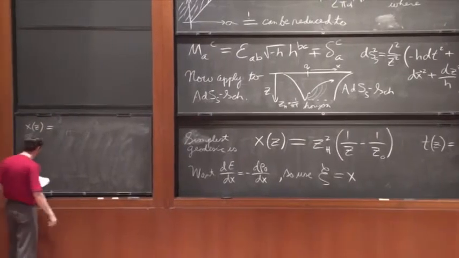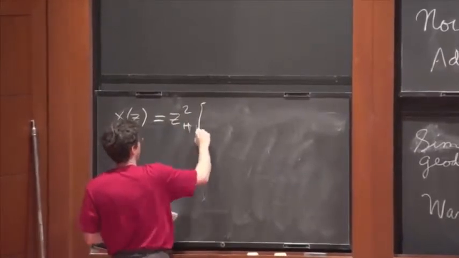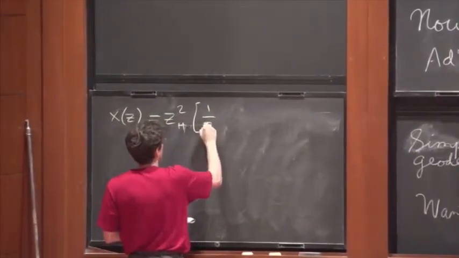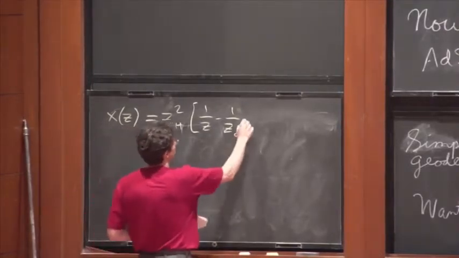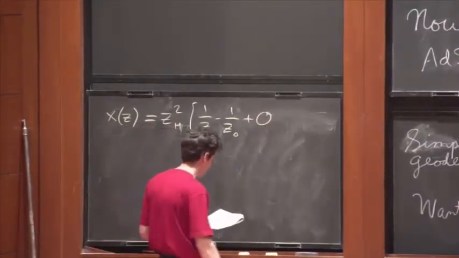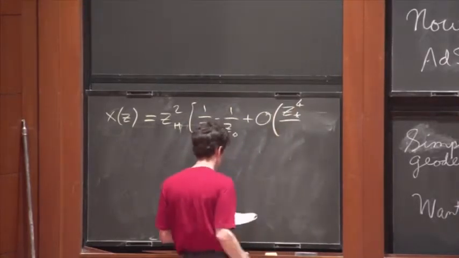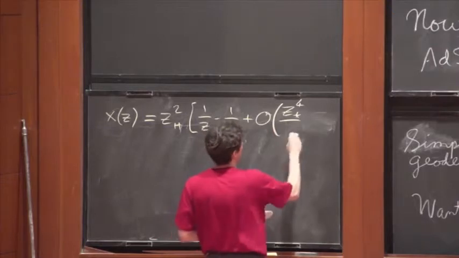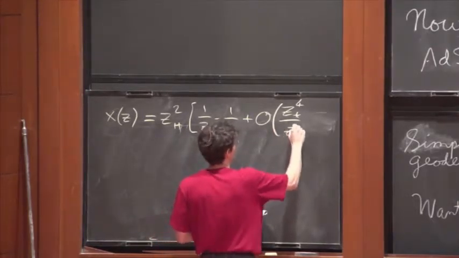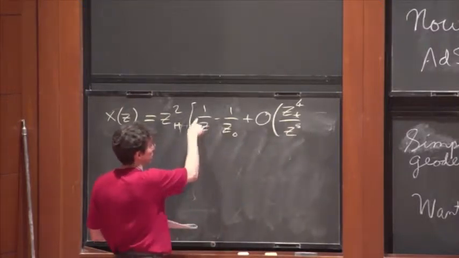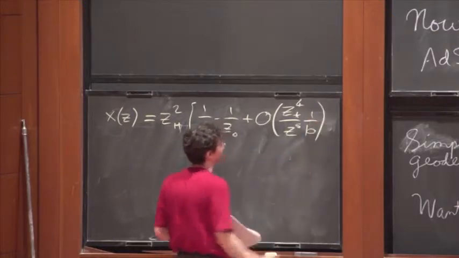The x of z that I wrote in answer to your question is the one that I said I was going to use all along, plus terms which at leading order are suppressed not just by the obvious factor of z star to the fourth divided by z actually to the fifth, because it's in comparison to 1 over z, but also by a factor of approximately 10.